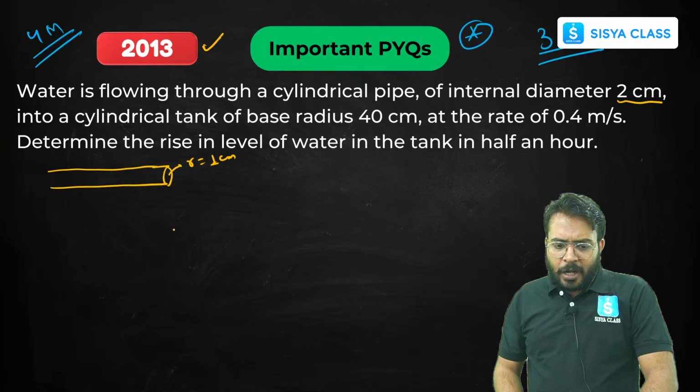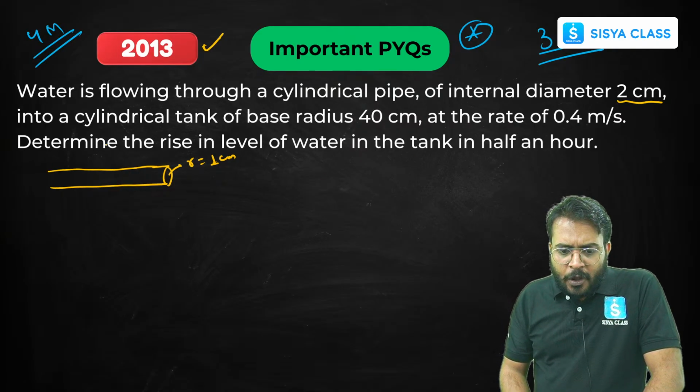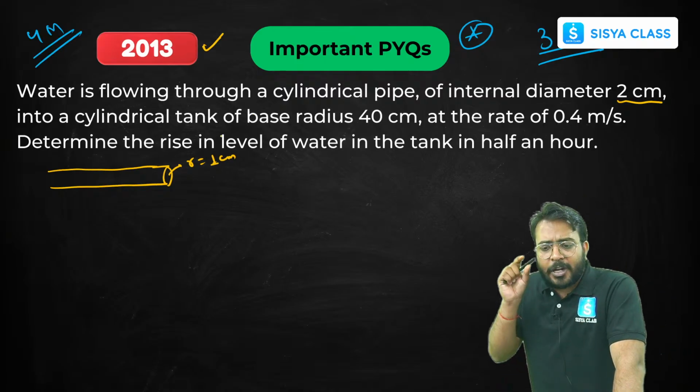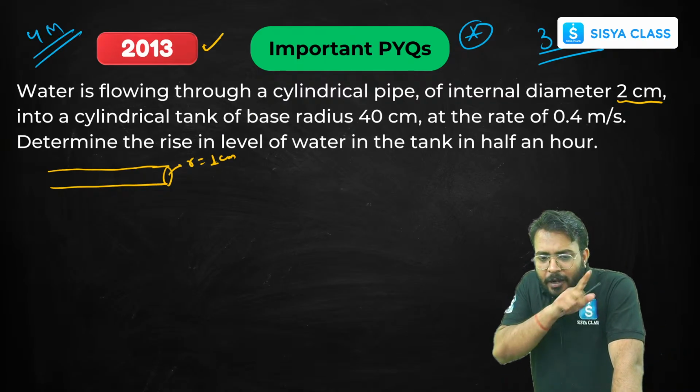Now here what they are saying: water is flowing through a cylindrical pipe of internal diameter 2 centimeter into a cylindrical tank.